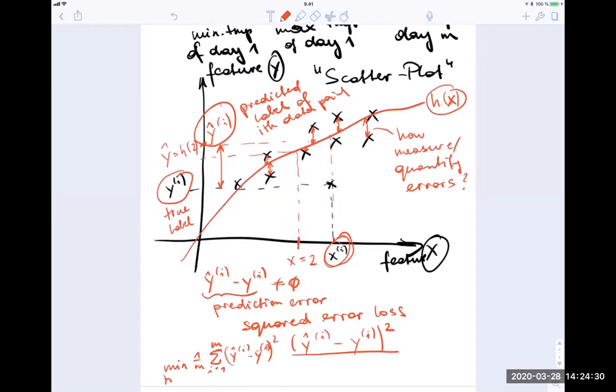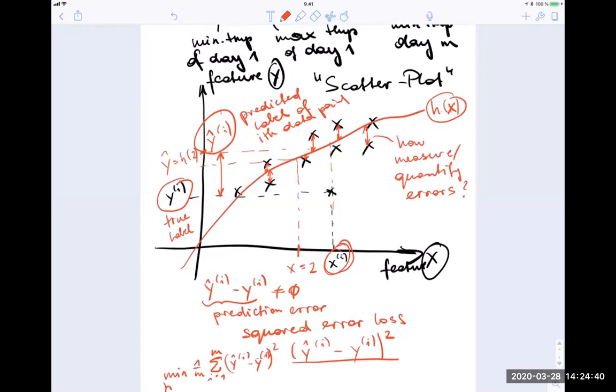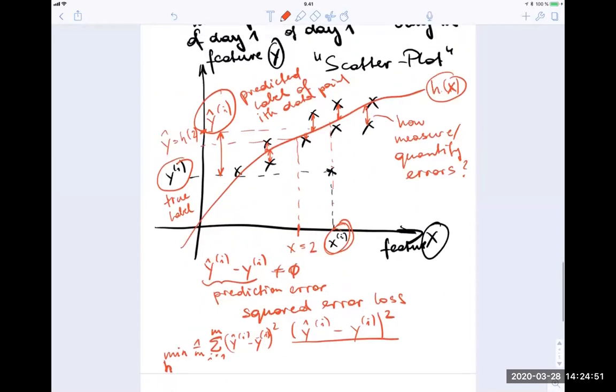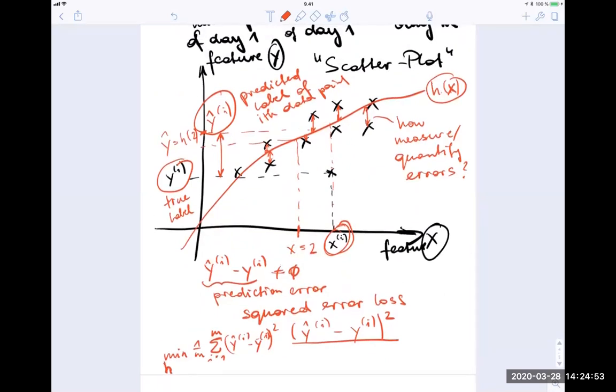And one key component of any machine learning method is the subset of predictors that we want to consider. Because if we allow any predictor function, this optimization problem is basically meaningless. It's trivial because you can always minimize the training error by choosing a function that perfectly fits through all data points.